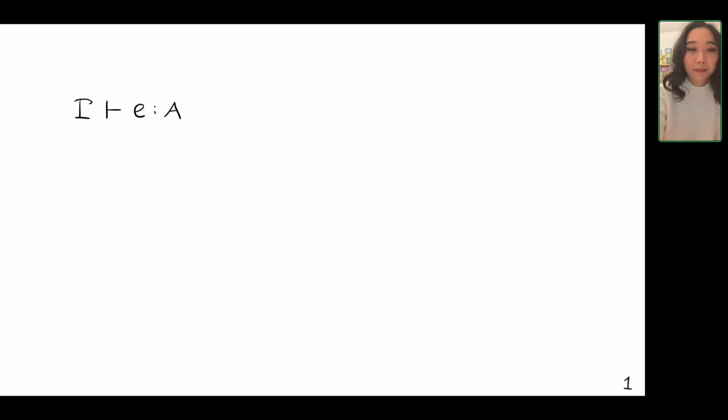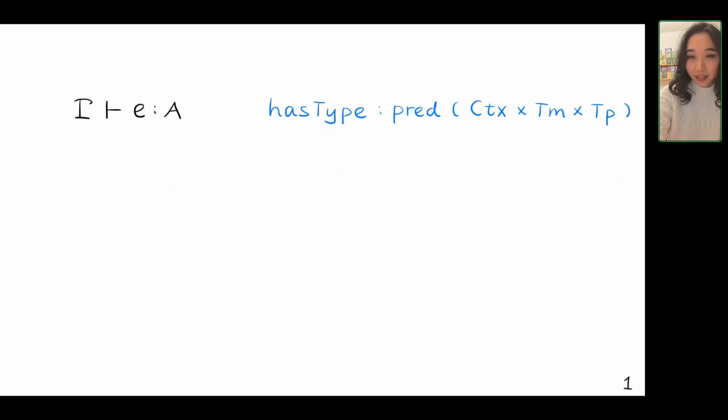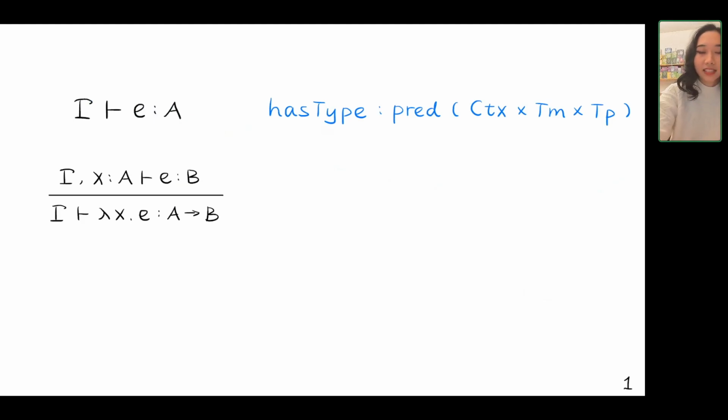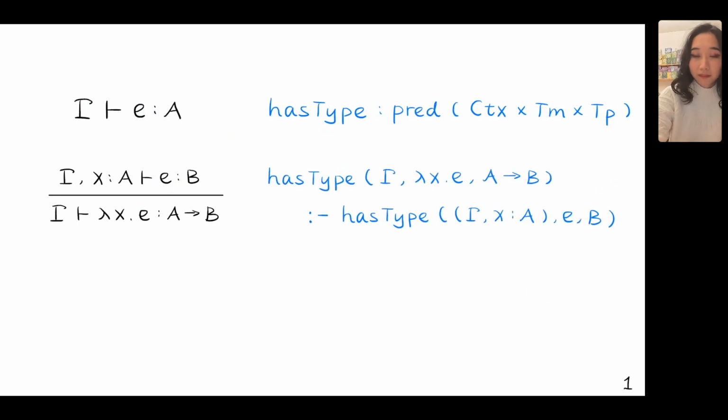We have a typing judgment, and we can see them as predicates, which take three arguments: context, term, and type. And how do we define such a predicate? Well, we have typing rules. We can read these typing rules bottom up. So this says, to derive the predicate which says lambda abstraction has type A arrow B, we're going to derive the predicate which says E has type B in the extended context.